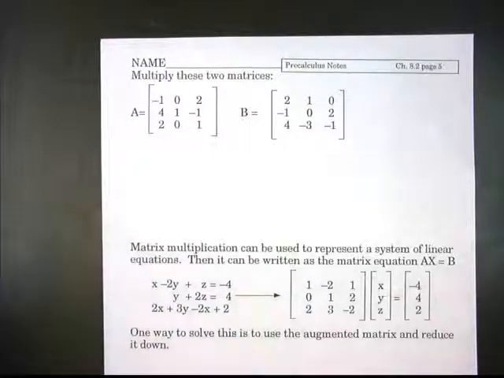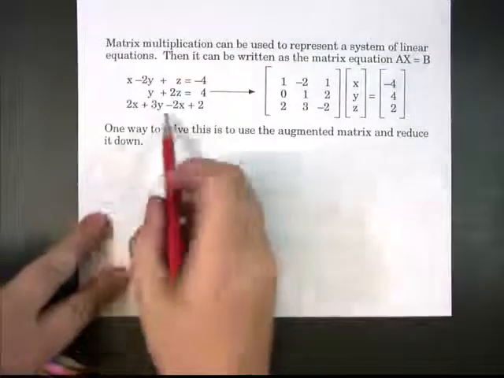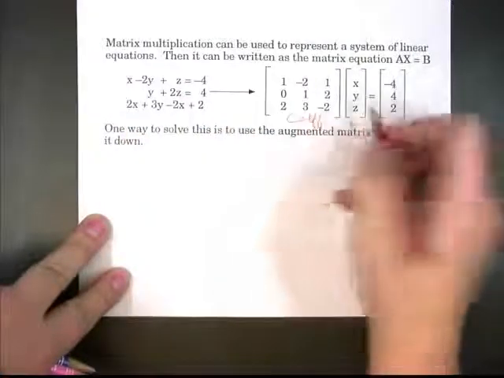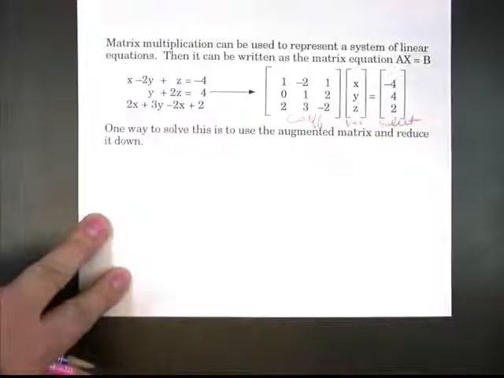All right, matrix multiplication can also be used to solve a linear system. This one, we can set up our coefficients, because we already learned that in the last section, then our variables, then our solutions.